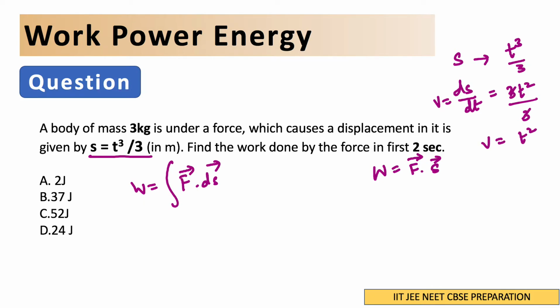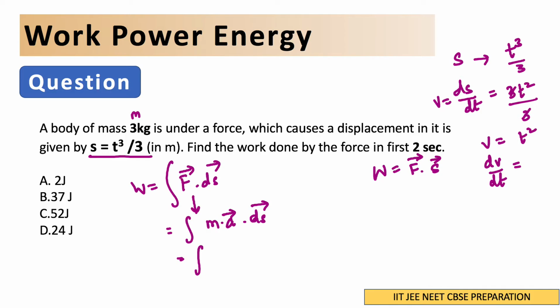Now from velocity, can I find dv/dt? dv/dt will give me the acceleration, because force is nothing but mass into acceleration. So the work done is the integral of mass into acceleration into ds. Mass is already given in the question, it is 3 kg.